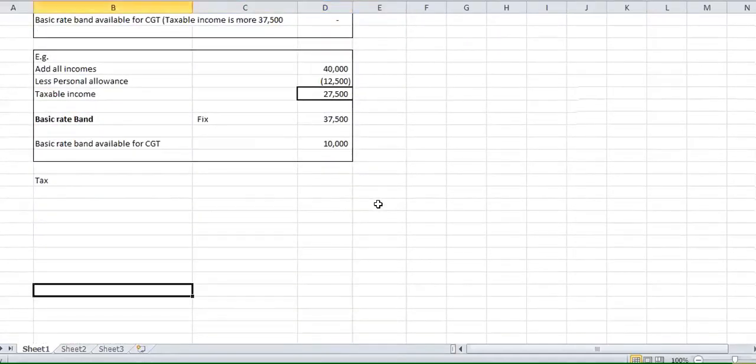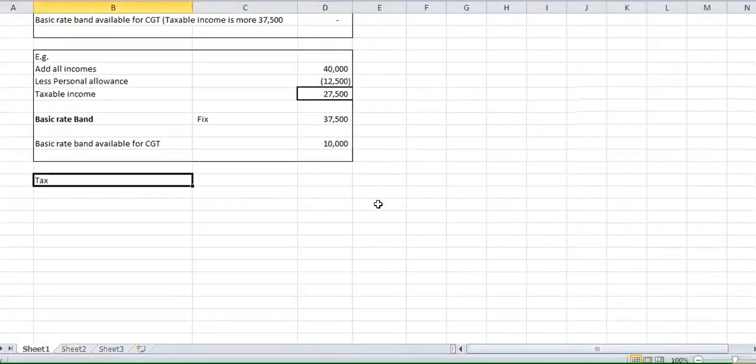Okay. So now we are moving towards taxable gains.